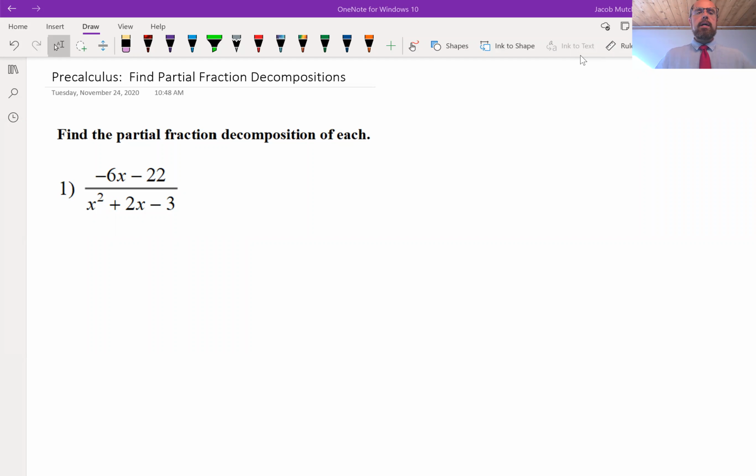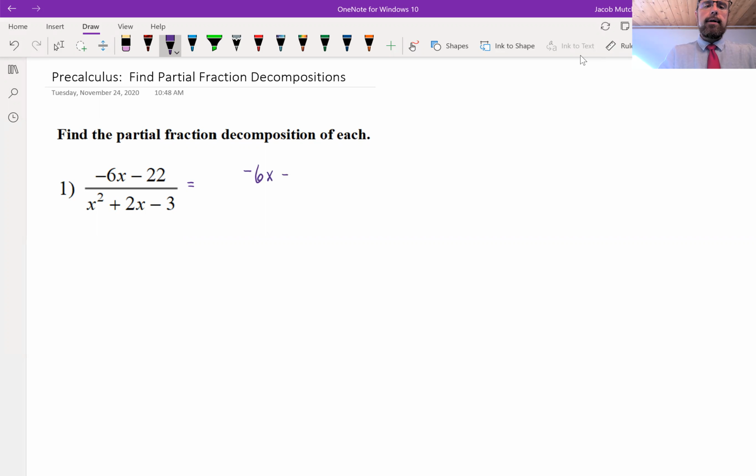And the way that I decide how many fractions I want to split this up into depends on the denominator. It really has to do with how x squared plus 2x minus 3 factors. So the first thing I want to do is factor the denominator.